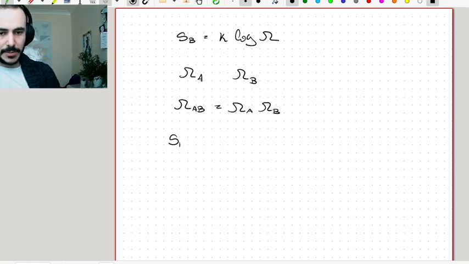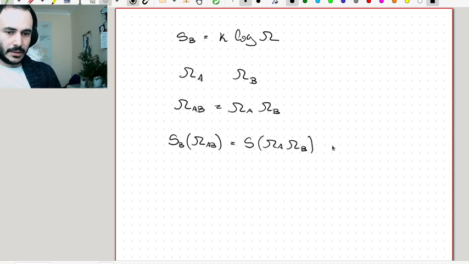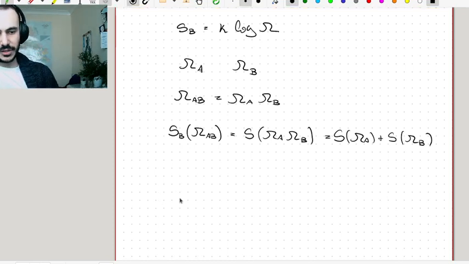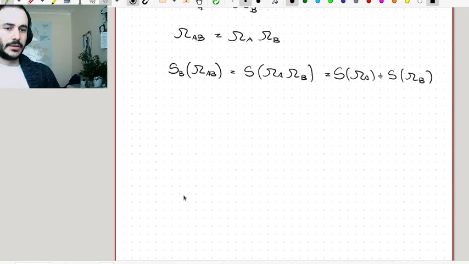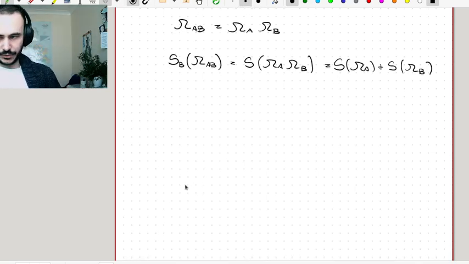What I'm asking is that a good entropy function should be such that S of the product, omega A times omega B, equals S of omega A plus S of omega B. This is what a good entropy function should obey.